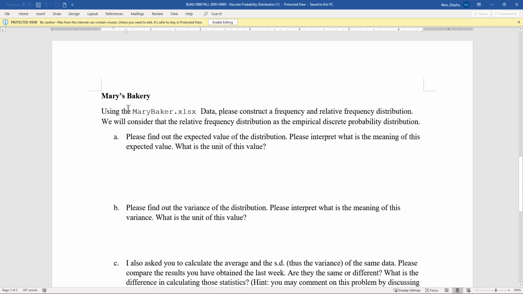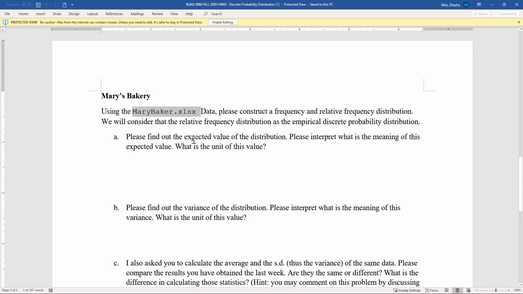Next one is using the Mary Baker bakery data again. This is exactly the same data. I just want to let you examine this data from a different perspective. So I asked you to calculate the average and the variance last time.